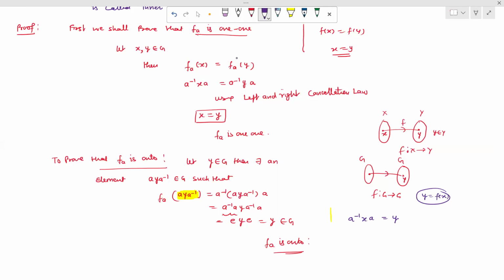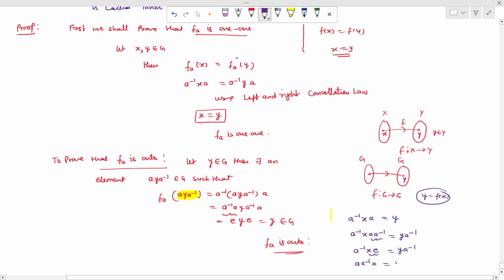So now we post multiply both sides by a inverse. So this gives us a into a inverse equal to identity. So this can be written in this form. Now pre-multiply both sides by a. So x into e equal to x.